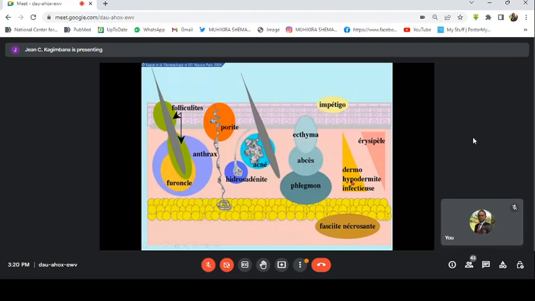You see, this is a triangle. The base is the dermis, which means clear margins. Okay, but all of them, erysipelas, will lead to cellulitis. Impetigo may go to here, but most of the time there is a port of entry.